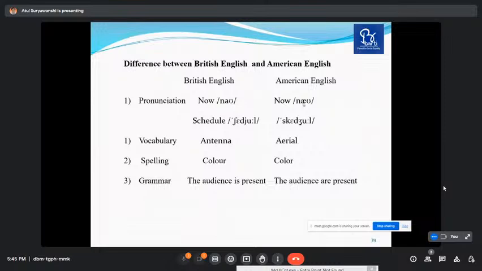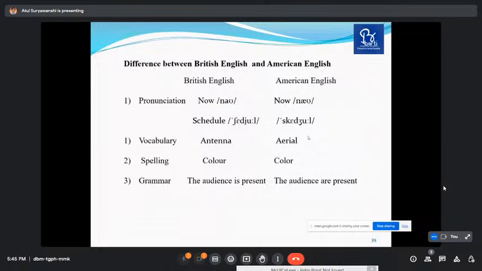Pakistan is the British pronunciation, Pakistan is the American pronunciation. Schedule is the British pronunciation, schedule is the American pronunciation. So there are certain pronunciation differences in British English as well as in American English.